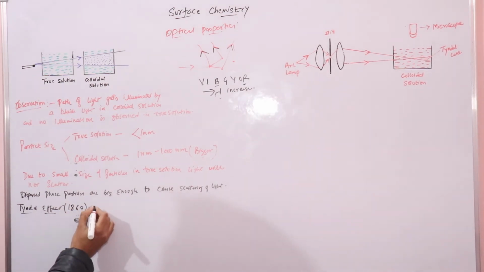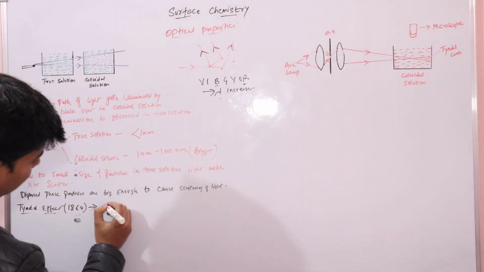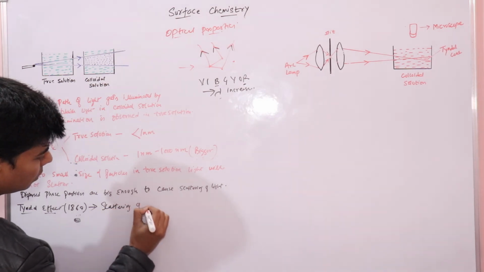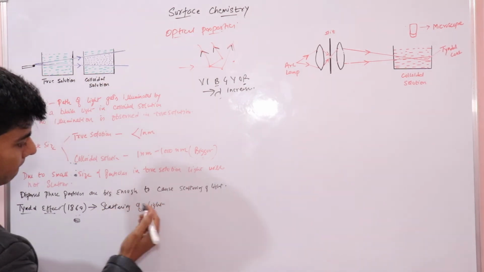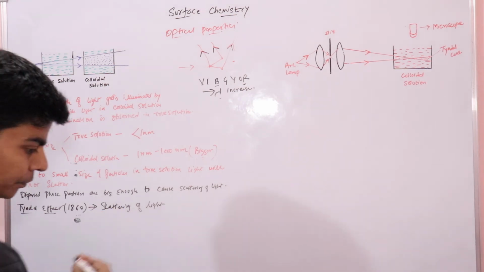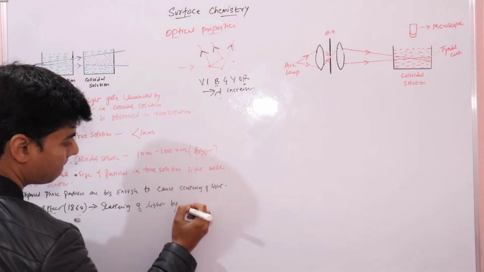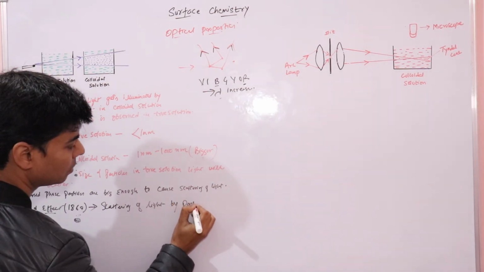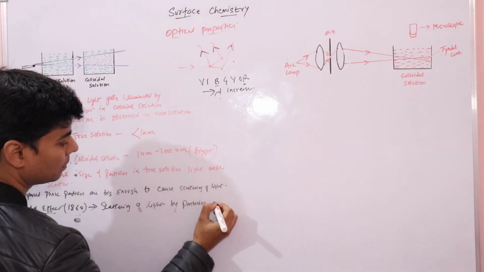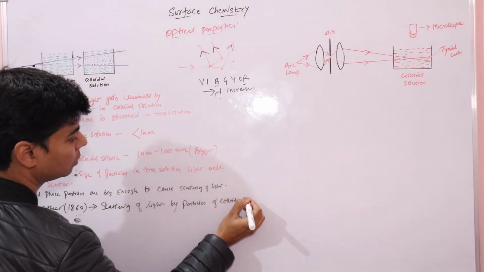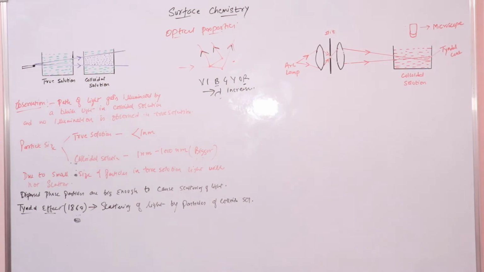So we call it the Tyndall effect, and the Tyndall effect is scattering of light. What is this effect? Scattering of light by particles of colloidal solution. This is your Tyndall effect.